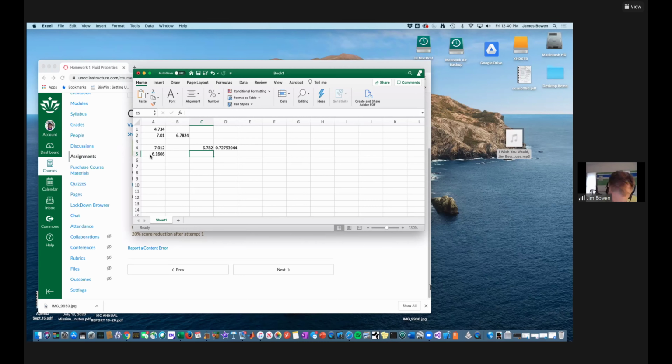We've gone 72% of the way between 3,000 and 4,000. So our answer ought to be 3,000 plus this number that we just calculated times the interval in meters between these two values.